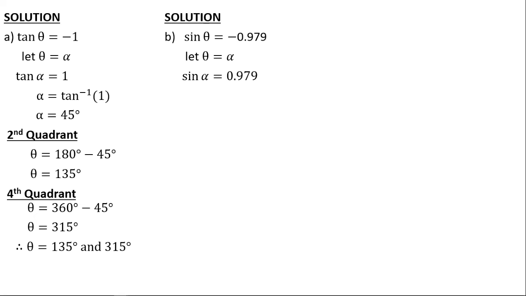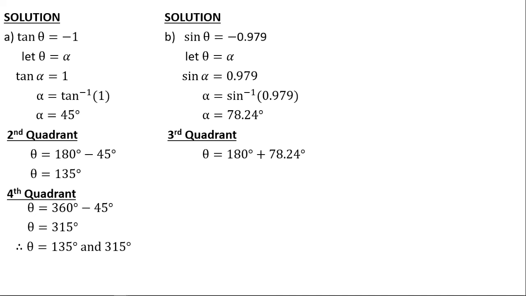Our sine alpha will be equal to 0.979. Then we'll say alpha equal to sine inverse of 0.979. Our alpha will be equal to 78.24 degrees. In the third quadrant, theta is equal to 180 degrees plus alpha.